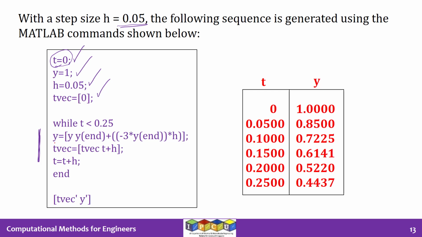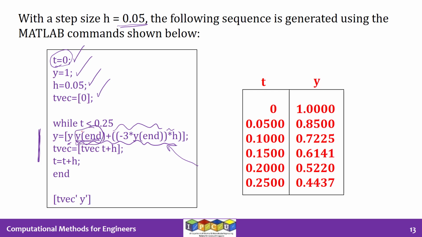So the value of y is going to be the previous value of y, and then you append this calculation, which is nothing but the last y value plus the value of f evaluated at the last y value times h. So this is the Euler's scheme. Yn means the last element of y. So when you start off, y is equal to 1. So the last value of y is 1. So what will be appended to y will be y end, and y end we just noted is equal to 1.